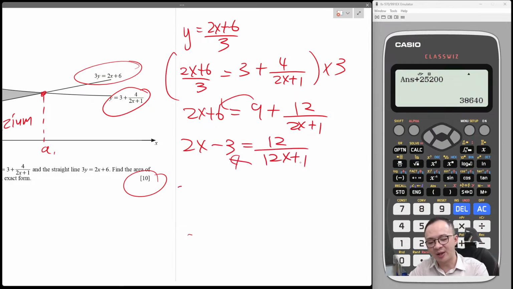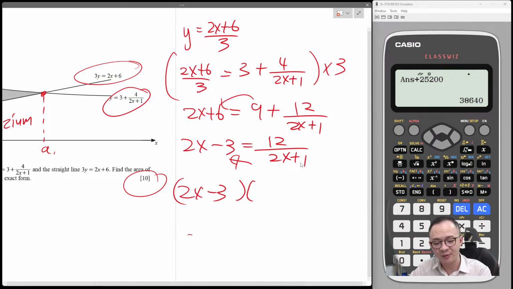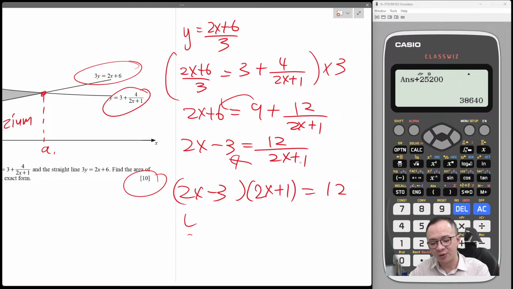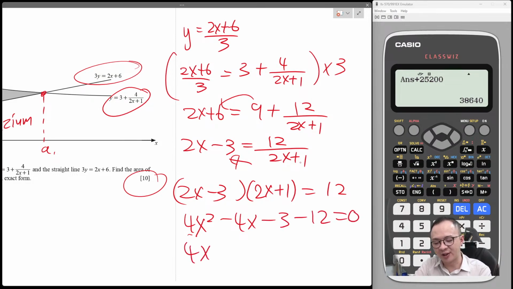Cross multiply: (2x minus 3)(2x plus 1) equals 12. So this one you will get 4x squared minus 6x plus 2x minus 3 minus 12 equals 0. It's a quadratic, isn't it?